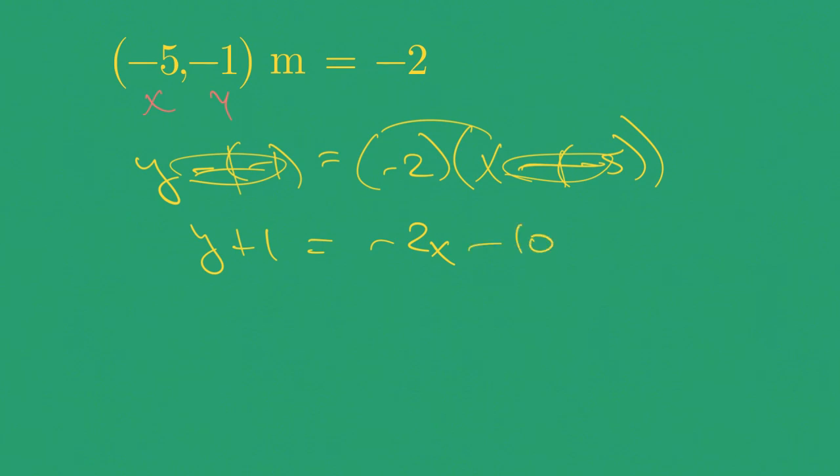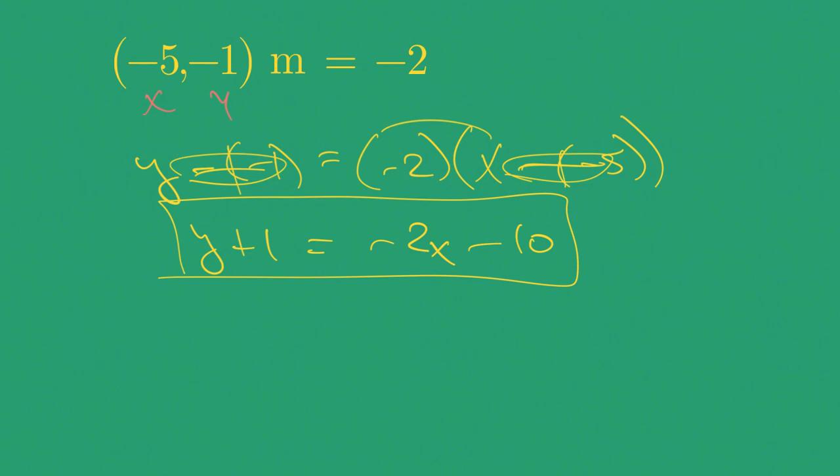Negative 10. Good. Watch your signs. Guys, one sign mistake and this equation will not end up representing the line of this information. One little bitty mistake. Okay, so right here, that right there is point-slope form of the equation. Totally valid, perfect good equation.